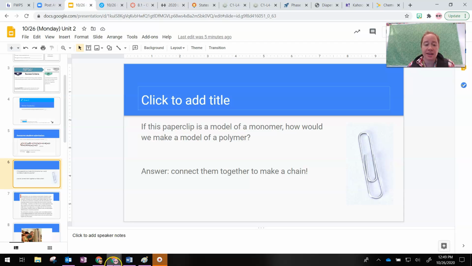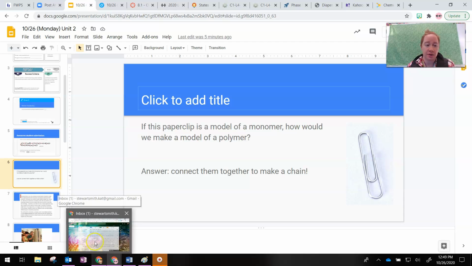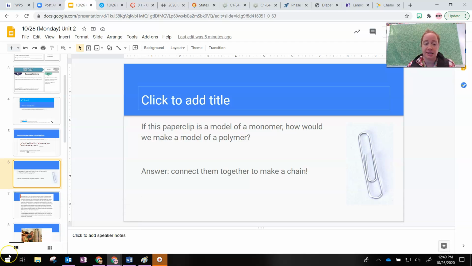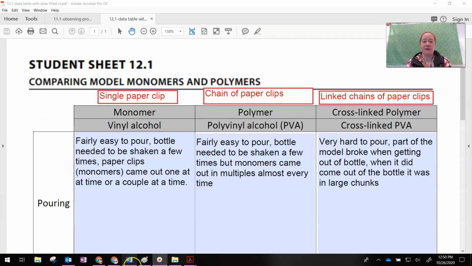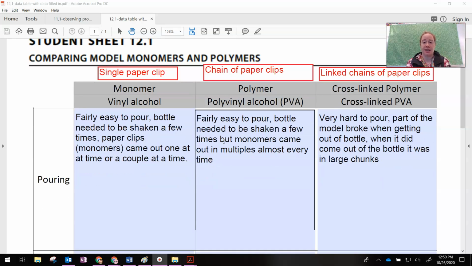And the important thing that I want to point out in just a second is the relationship between what we did today with modeling and what we did on Friday when we watched the video about actually making the slime, the new substance. So here's the data table that we filled in using the procedure videos, which again are linked on Canvas.